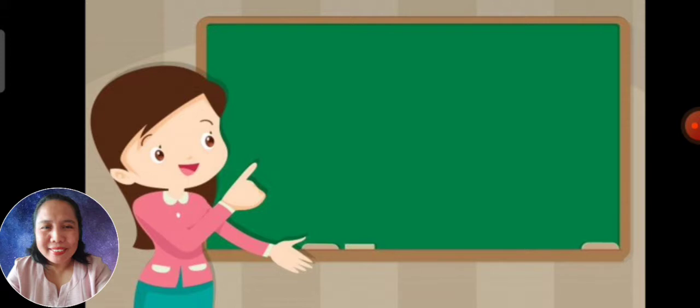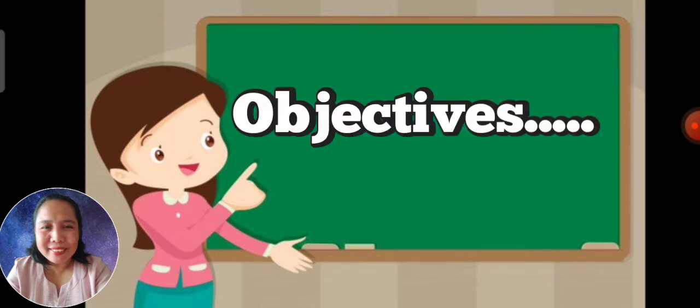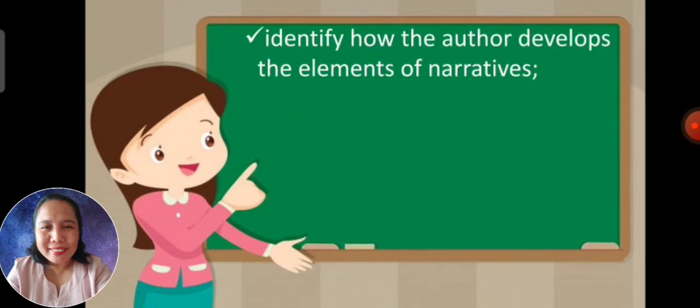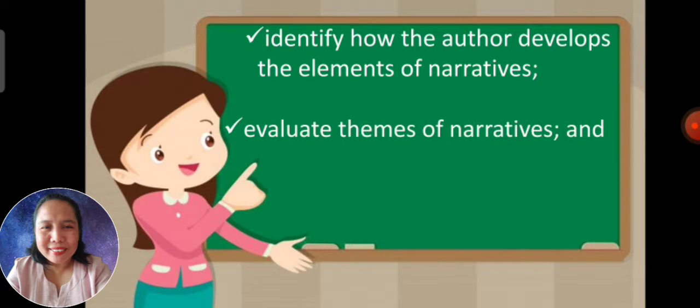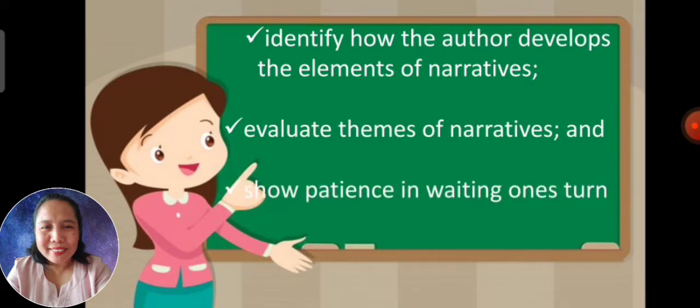But before that, let me first show you the objectives that you have to learn in today's lesson. First is you have to identify how the author develops the elements of narratives, which is the theme. Evaluate the themes of narratives and show patience in waiting one's turn.